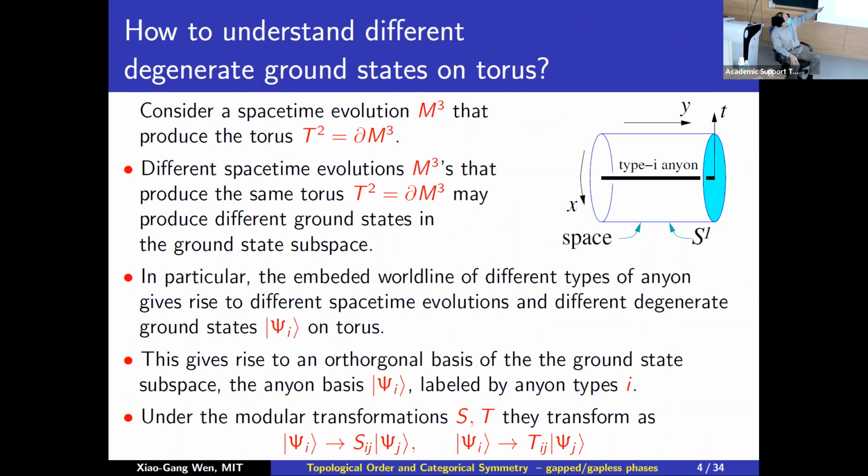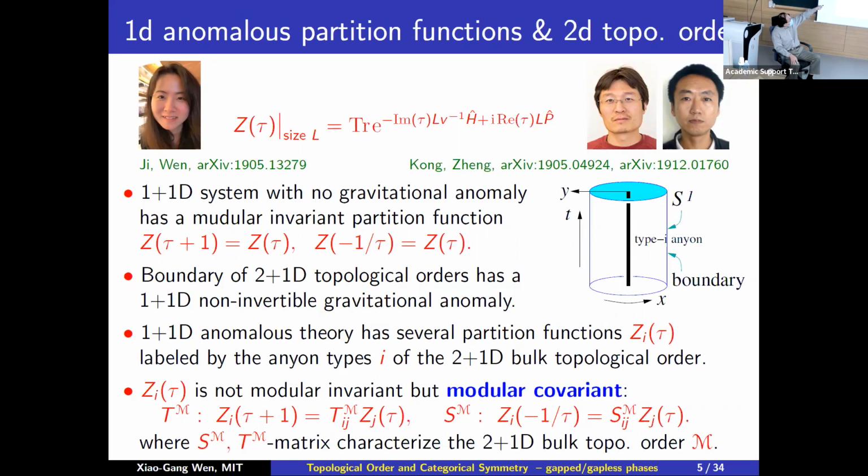The wave function is something on the surface, and the partition function is also something on the surface. So that is the intuition: the partition function should transform like a wave function, which is modular covariant. Is this a priori, or did you calculate it and it turns out to be so?